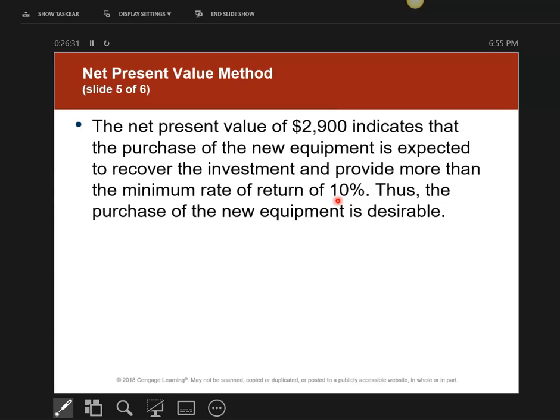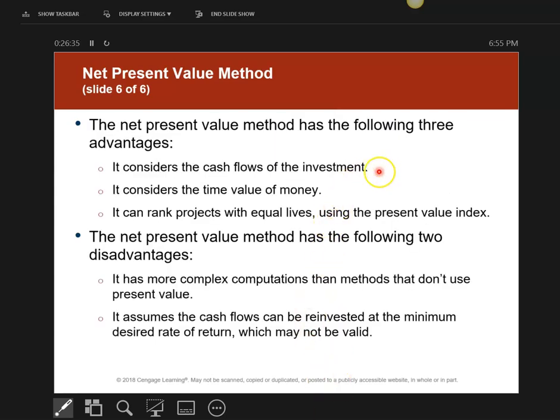As with any method, we're going to look at advantages and disadvantages. So here are the advantages of this. It looks at the cash flow of the investment, and it looks at the time value of money. Extremely important advantages. Now, here's another advantage that I want to talk about, because it's going to be on my next slide.